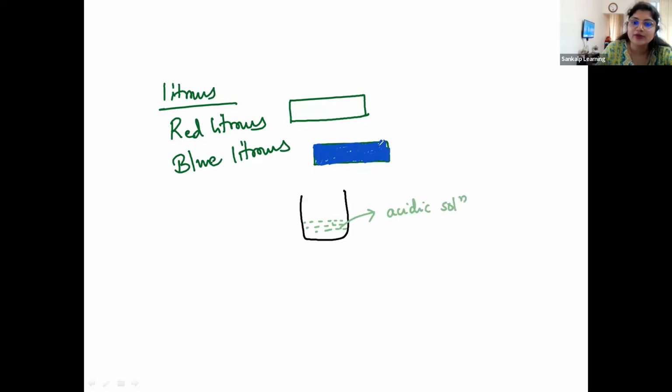Now I'm going to take a blue litmus paper and dip it into the container containing your acidic solution.